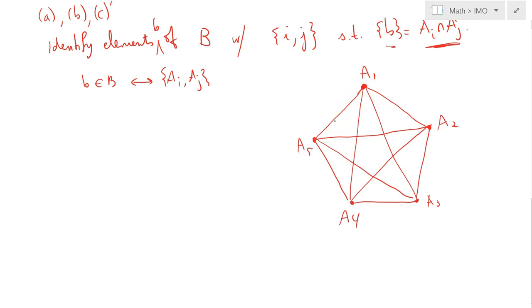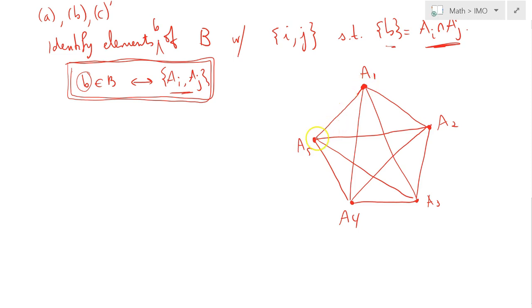So once we labeled the vertices of our polygon as the subsets A sub i of B, then the lines connecting those vertices represent the unique element in the intersection of these sets. Because we earlier realized there is this nice association, we can identify each element b in B with a pair of subsets.